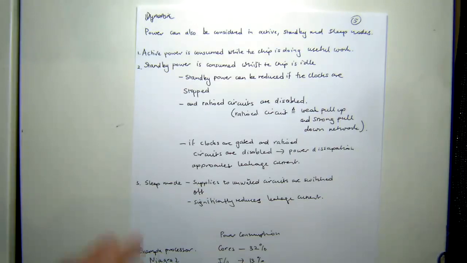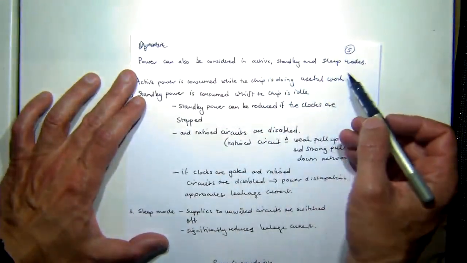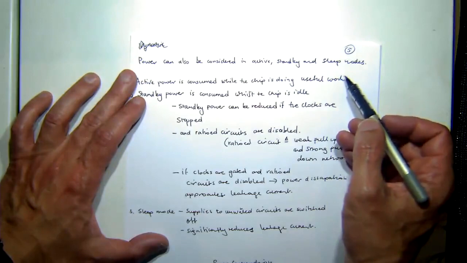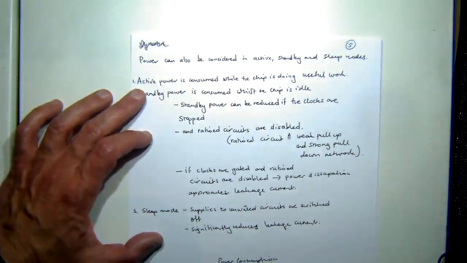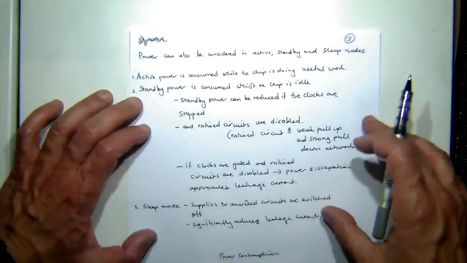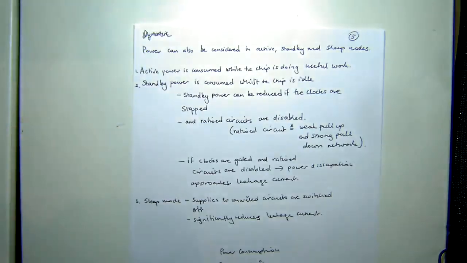There I'm talking about active, standby, and sleep modes in your device. Active power is when you're actually using the device. Standby power is when the device isn't necessarily doing anything, but the clocks and so on are sometimes still going. Sometimes you can also gate the clocks, and we'll talk about that.